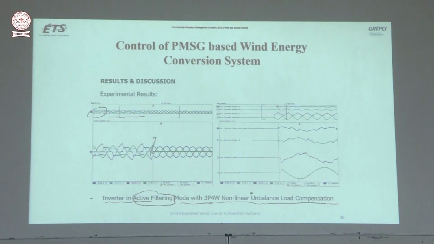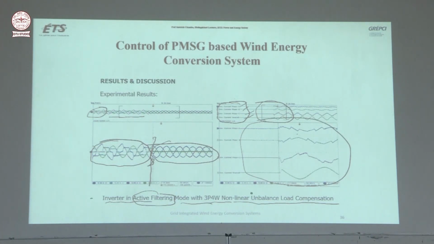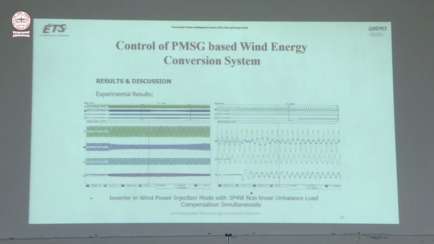As soon as the grid side converter is put on, all these non-linear grid currents become sinusoidal constant current. And these are the inverter currents of phase A, B, C and the neutral current. If you see this portion here, because it is cancelling the harmonics and pushing power, this is the current injected by the inverter.